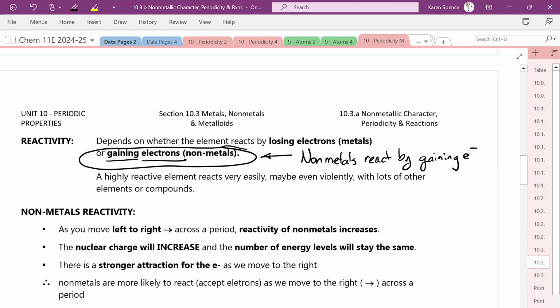As you go towards the more non-metally things, are they going to become more reactive or less reactive? More reactive. Why are they becoming more reactive as we go from left to right? More protons. Easier to pull electrons, higher coulombic attraction, blah, blah, blah.